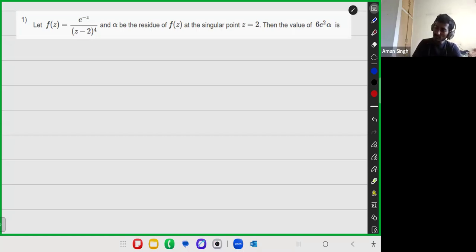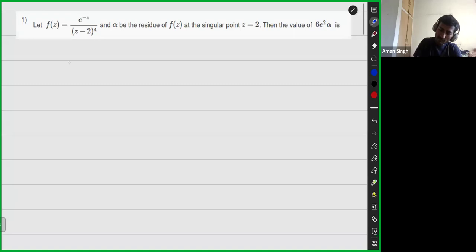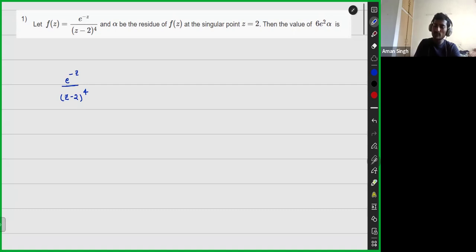So here we have e to the power minus z and (z minus 2) to the power 4. Because the singular point is z equal to 2, we have to expand the Laurent series around this point in a deleted neighborhood, where the point 2 is deleted. So we are talking about a series expansion with powers of z minus 2.